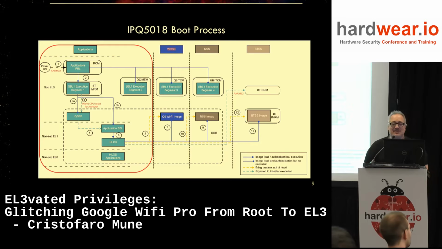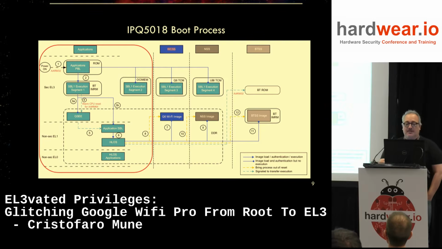Now, while this can seem complex, you just need to watch on your left. On the left, there is the boot process for the application processor. You will see that there is ROM code, number one. Then there is number two, the SBL, and they both run at the highest privilege, which is EL3, which is always secure and the highest one.